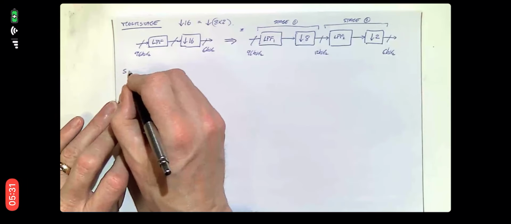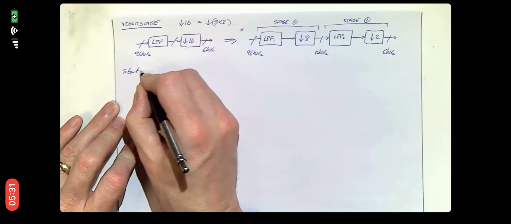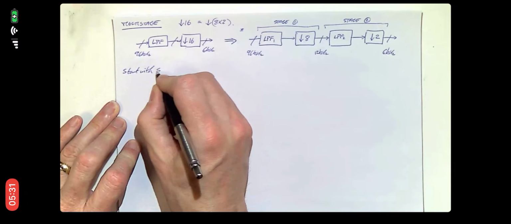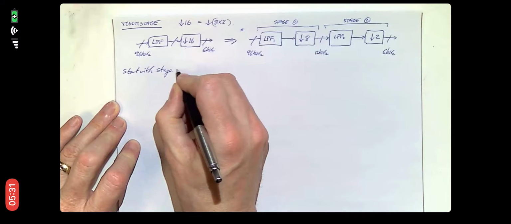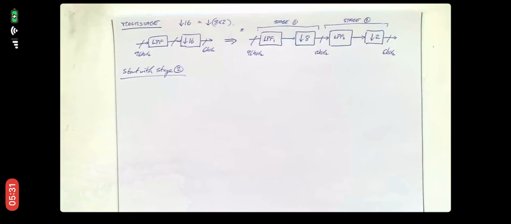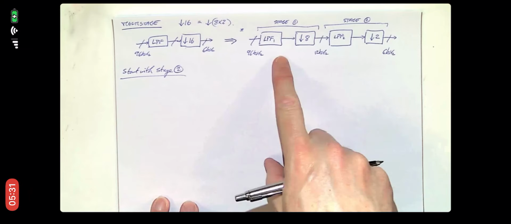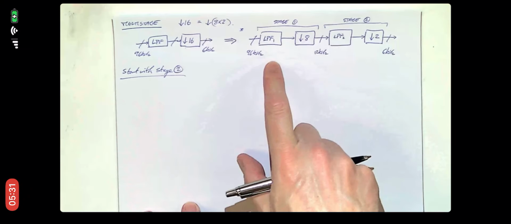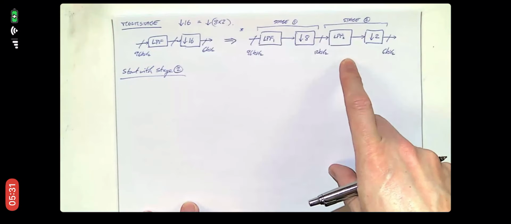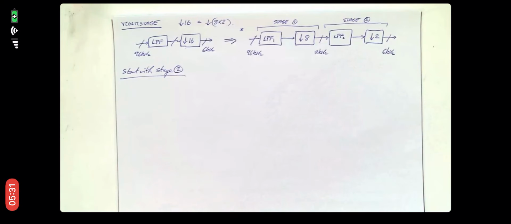So let's start with stage 2. Because actually what we're going to see is once we know what stage 2 does, we can design stage 1 to prepare us for what we're going to do in stage 2. So I know it's looking a little bit backwards, but it's like project planning. You start from where you need to deliver.